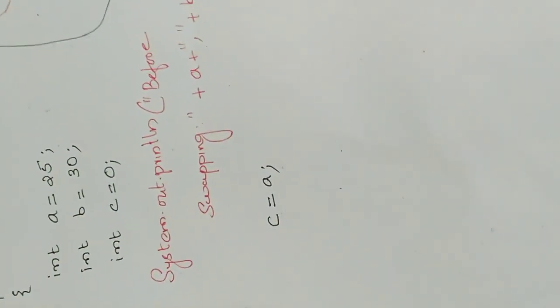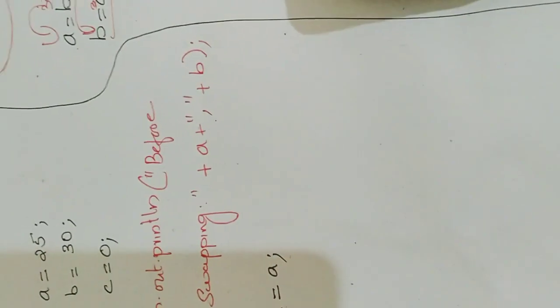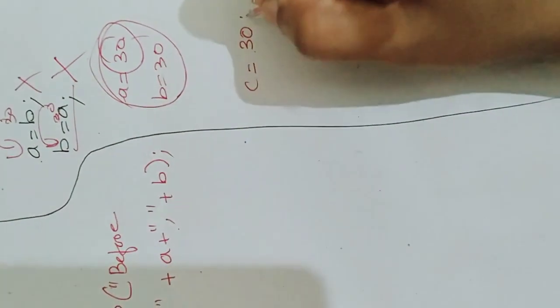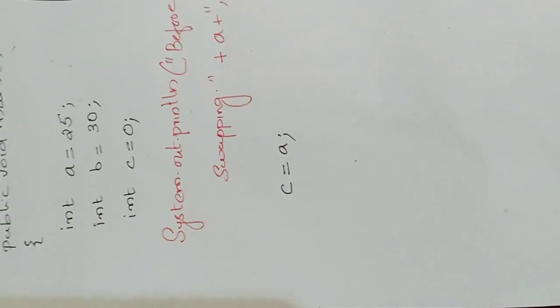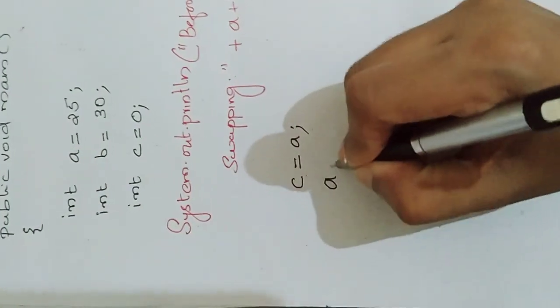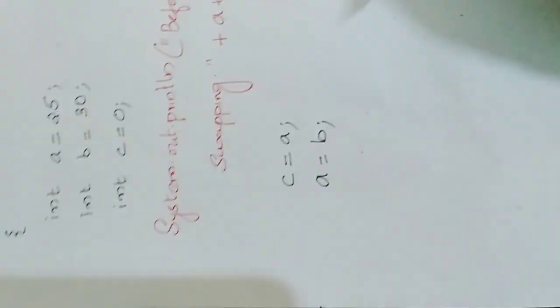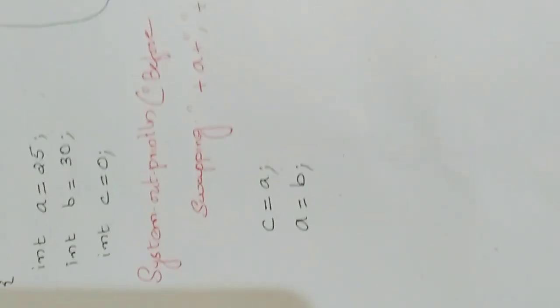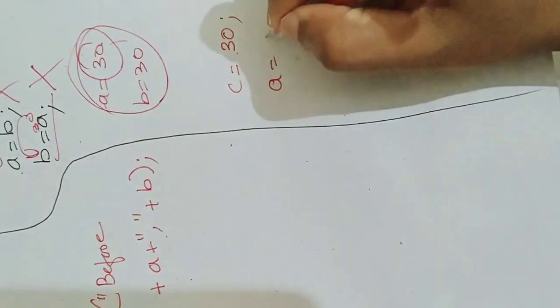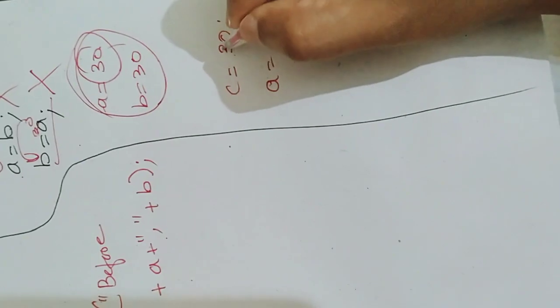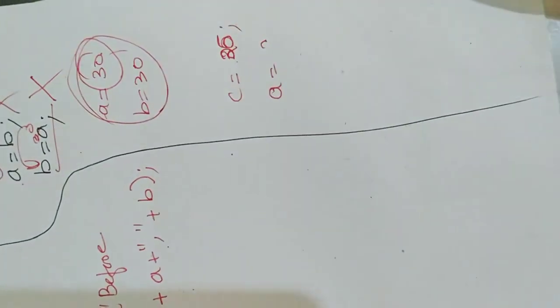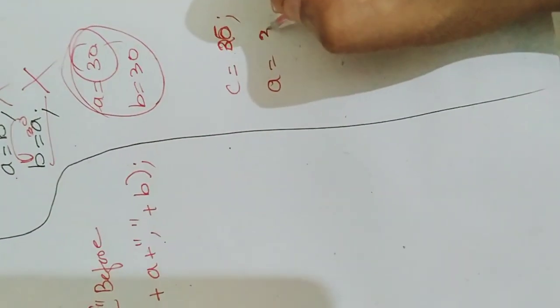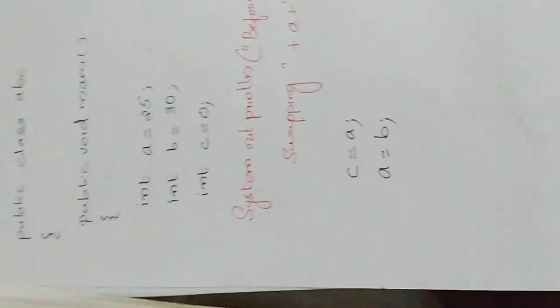That is, C is equal to 25. Now I will write A is equal to B. So what happened here? C's value is 25, and A's value is now 30 because B's value is 30.